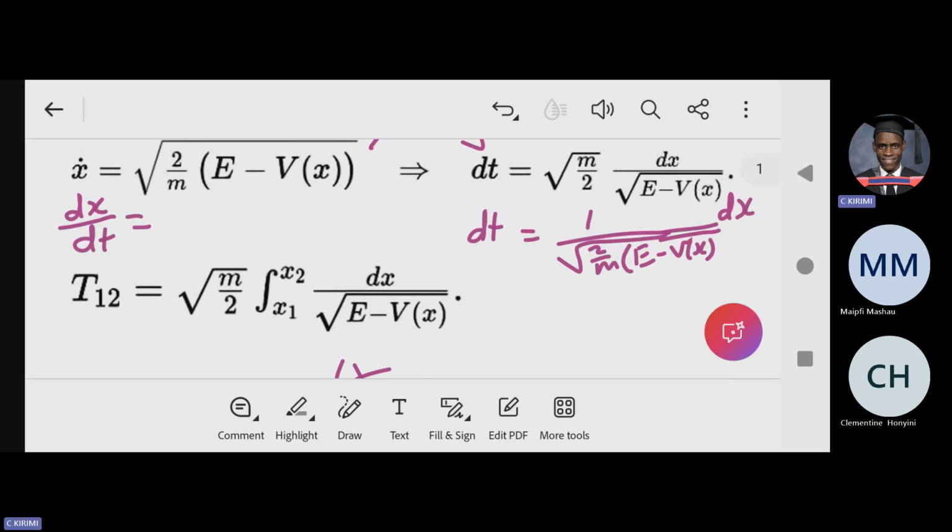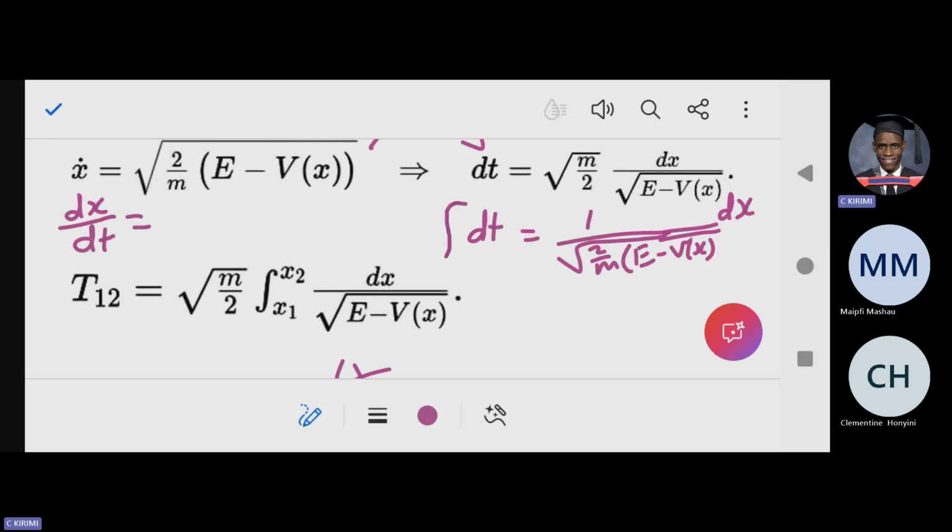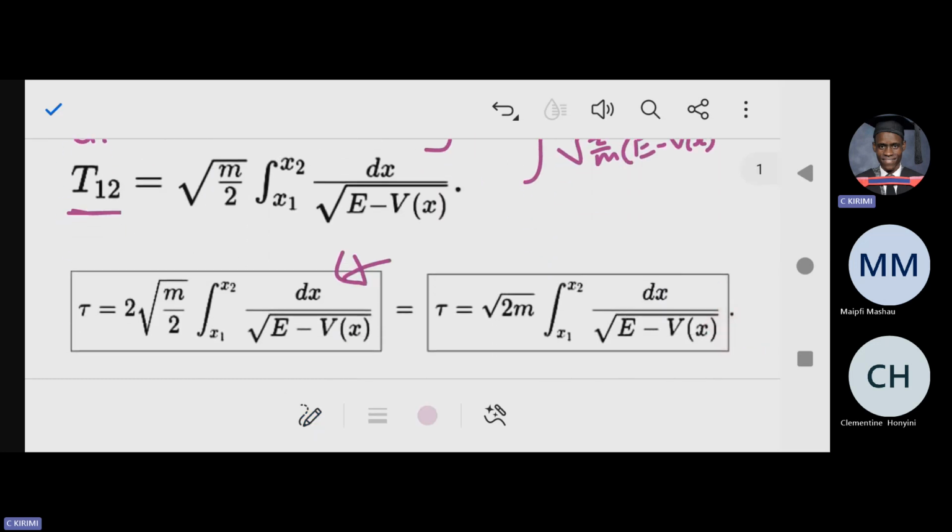If you want the time taken, you introduce the integral here and you get time. Then you integrate this side, you also get the x values. So if I integrate the left, I get t, which is the time I am looking for, the period.